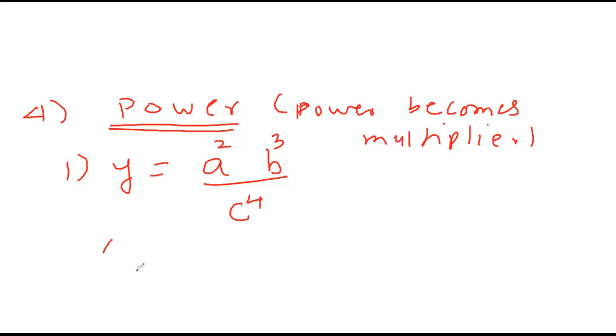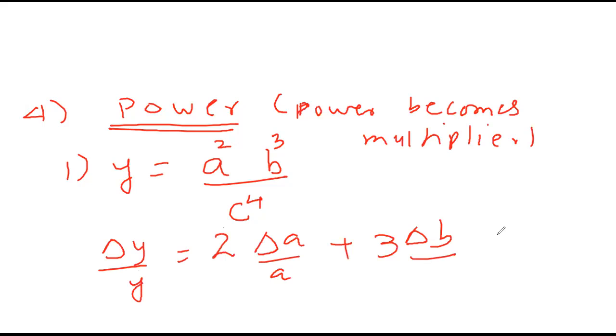So delta y upon y is 2 times delta a upon a plus 3 times delta b upon b plus 4 times delta c upon c. Power becomes multiplier. Write this one. Power becomes multiplier.